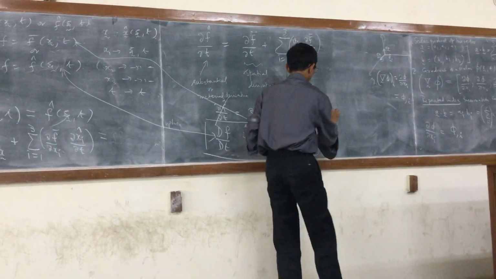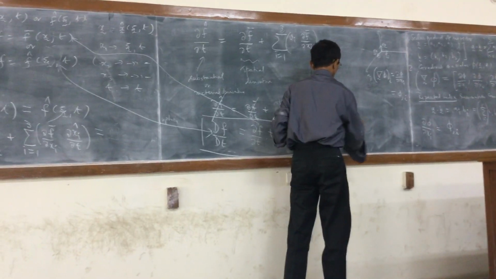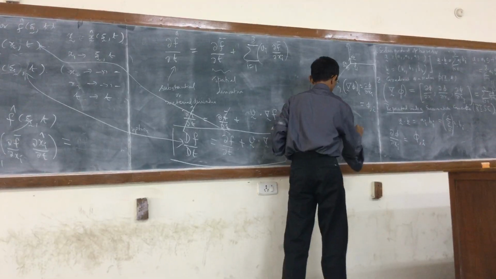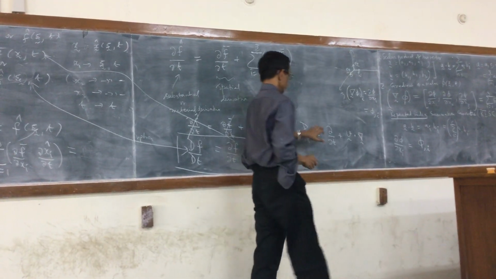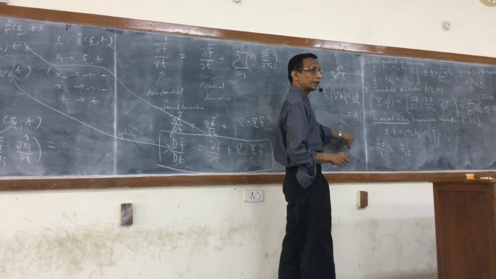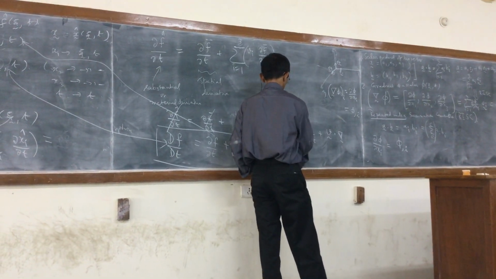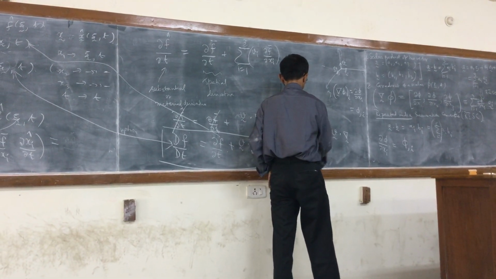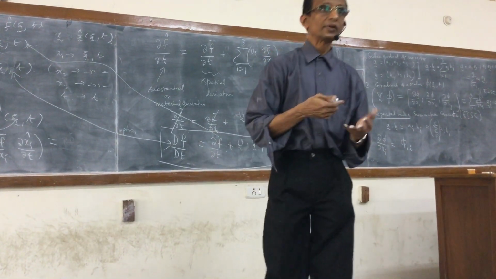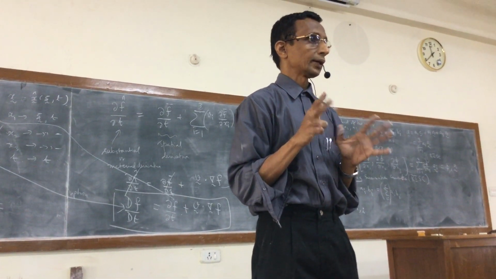Often it is written in operator form, and the operation d by dt is given by the partial derivative d by dt plus v dotted with the gradient operation. It can act on anything. Sometimes this is a scalar, it can be density, or we have assumed that f is a scalar, so it can be the density.